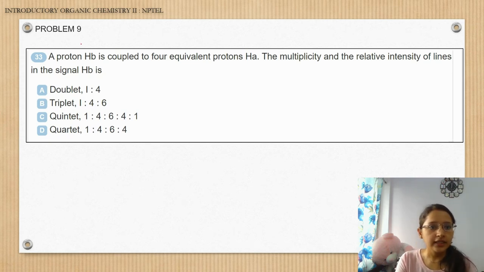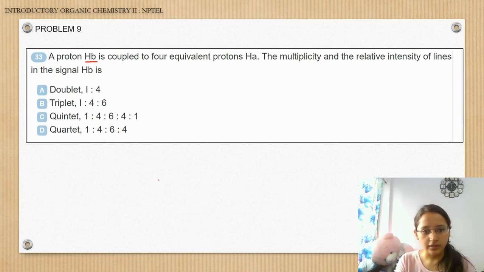Let me draw it so that it is very clear to all of you. So these are the Ha protons. Let's say these are the four Ha protons on another carbon atom.